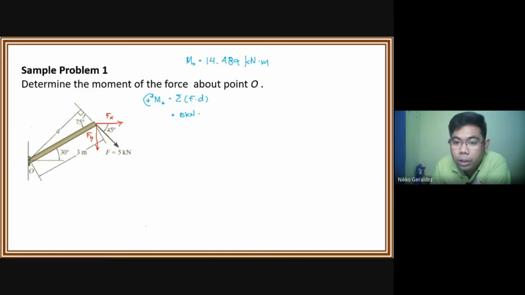So, 5 kilonewton times cosine 45 degrees, that is Fx, times the perpendicular distance. Ano yung perpendicular distance from point O to the line of action of the x component? Extend mo si x component, yung line of action, and ito yung point O. This is your perpendicular distance, that is x.